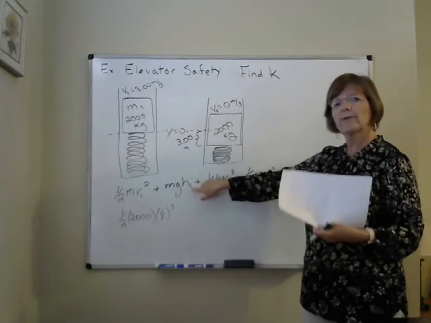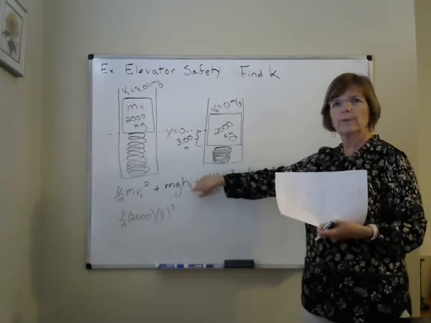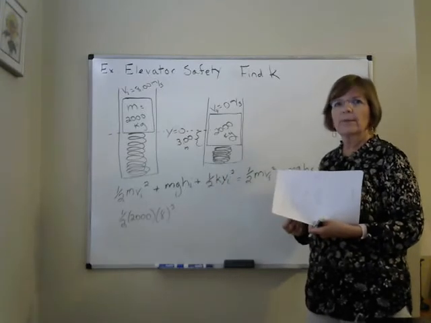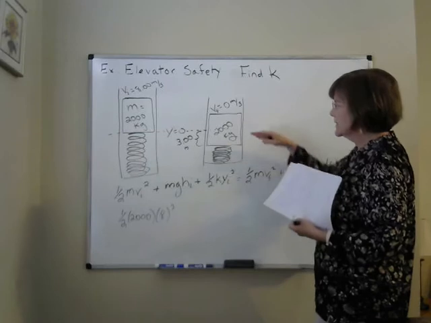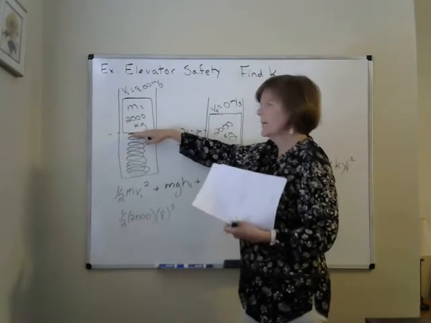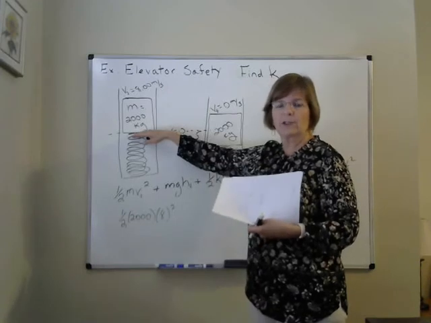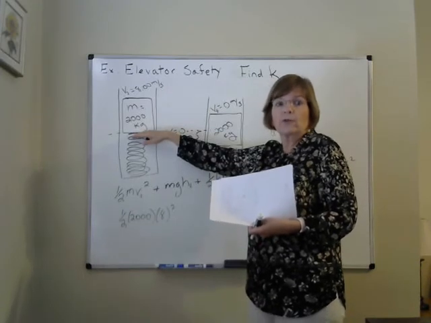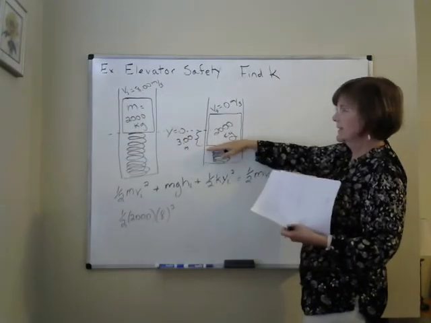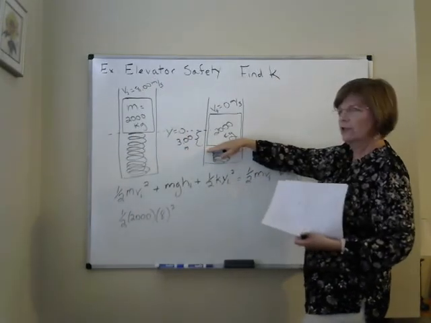Do we have gravitational potential energy here? Well, in a sense we do, but in a sense we don't. If we decide that we want y equals 0 to be right here, then this is the point that we are calling no gravitational potential energy. So actually we do not. What's going to happen here is we're going to have negative gravitational potential energy.